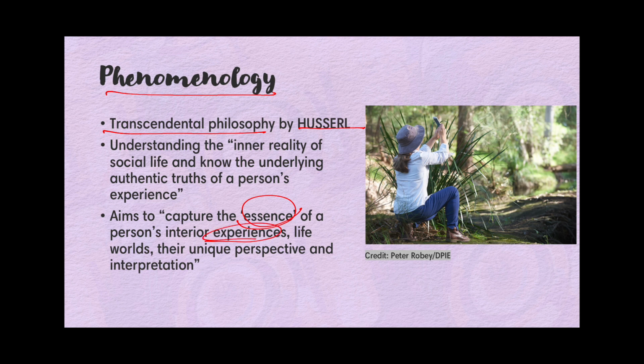So maybe you've heard of studies that make use of the phrase lived experiences, most of the time they would be phenomenological in nature. So if basically you want to understand the nature of social reality, a social phenomenon, from the vantage point of the lived experiences of people who have undergone that certain construct or phenomenon, then you would most likely be using a phenomenological research.